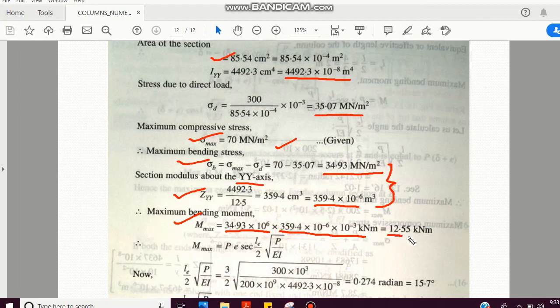So that is 12.55 kilonewton meter. This is the value of the maximum bending moment, which is the maximum bending stress into the section modulus.